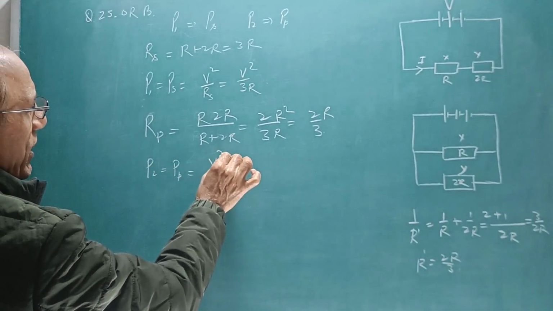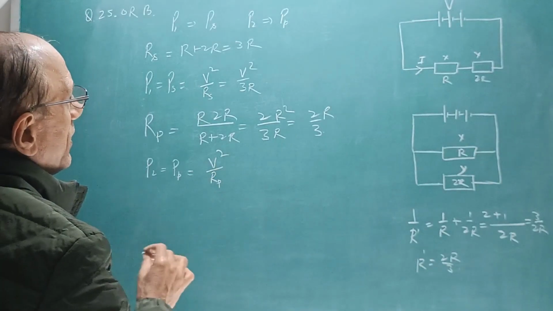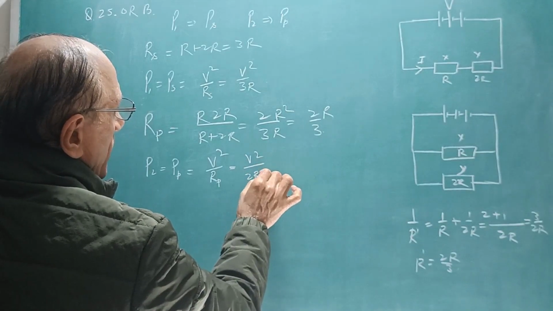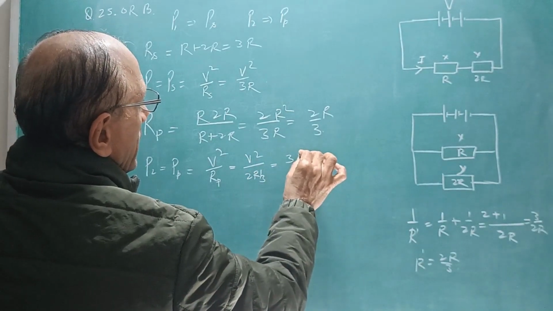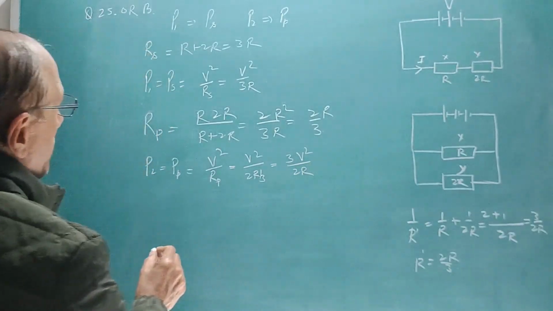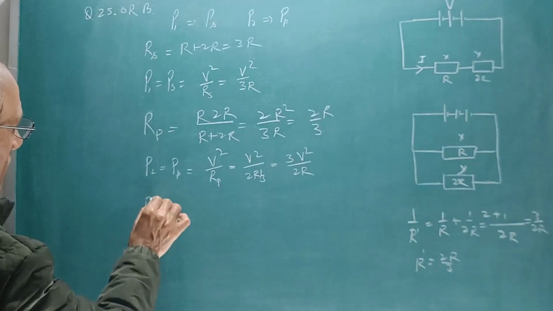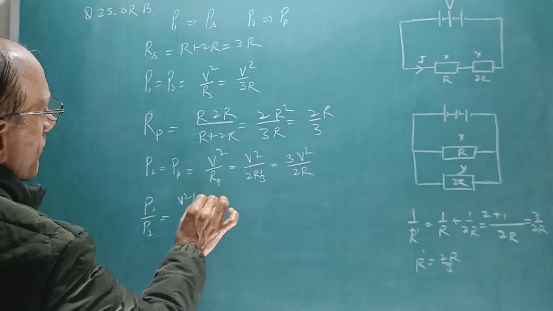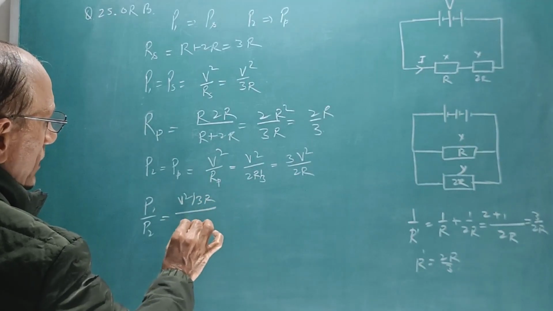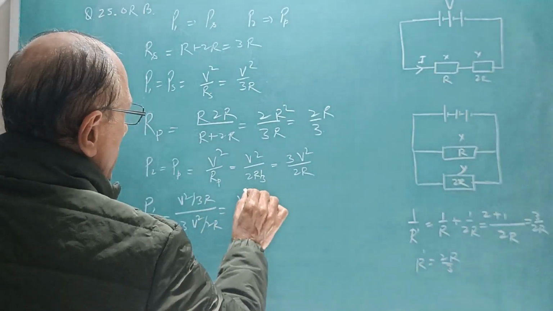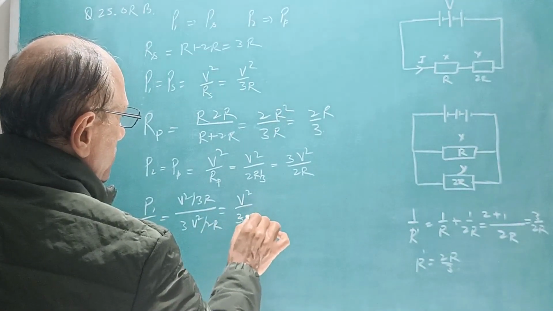So here P2 will be equal to P parallel, that is V square by R parallel. That means V square upon 2R by 3. So that will be 3V square upon 2R. That means if you find P1 by P2, that will be equal to V square upon 3R upon 3V square upon 2R.